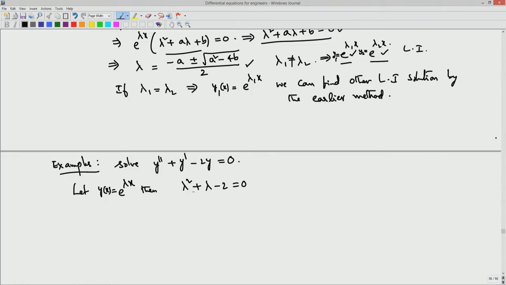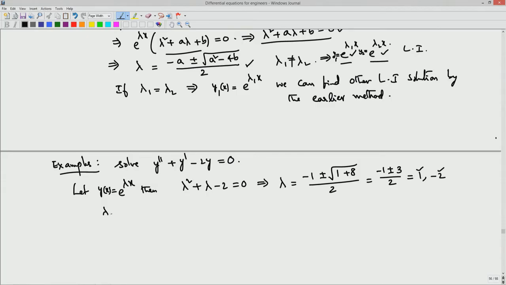So this will give me the roots lambda equal to minus 1 plus or minus square root of 1 plus 8, divided by 2. So this will give me minus 1 plus or minus 3 by 2. This gives 1 with plus and minus 2 as the second root. These are the two roots.